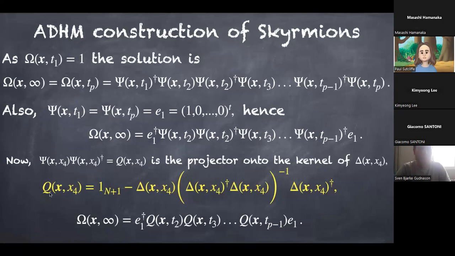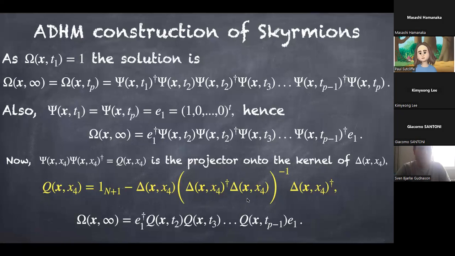And here's the expression for it. So Q is written, at any point, in terms of delta. Delta dagger delta here, remember delta is quaternionic, but delta dagger delta is real. That's part of the ADHM constraint. So the only thing I have to do is some real linear algebra. I have to work out the inverse of this real matrix.